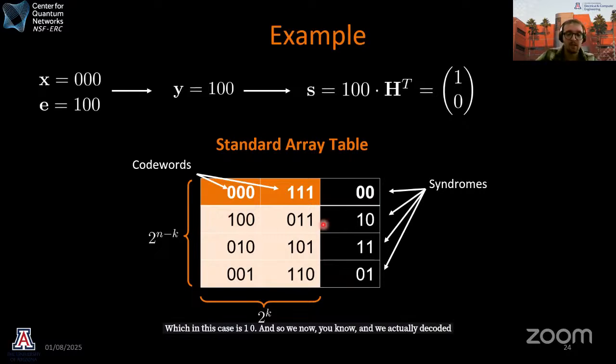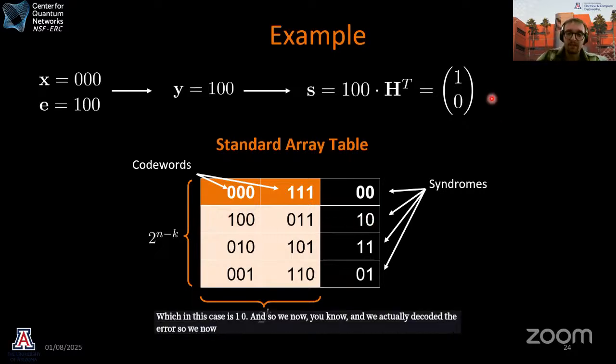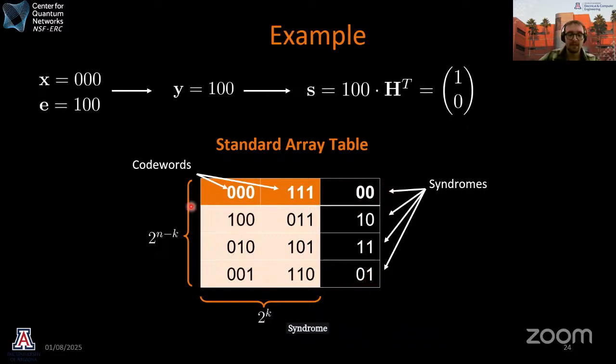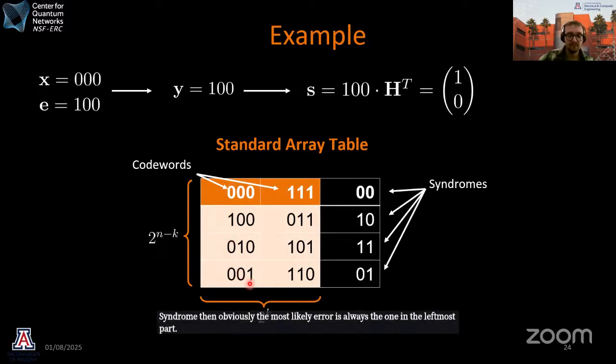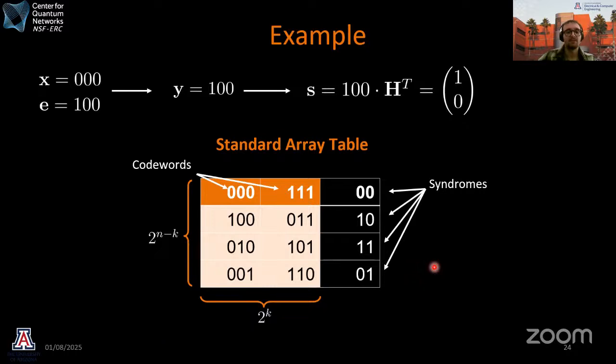We now know that given this syndrome, this is the most likely error because we constructed the table in such a way. If we had some other syndrome, then obviously the most likely error is always the one in the leftmost part. And so this table actually implements maximum likelihood decoding.